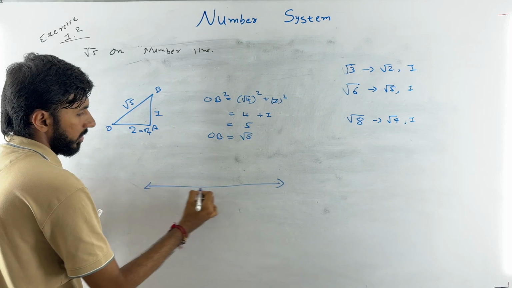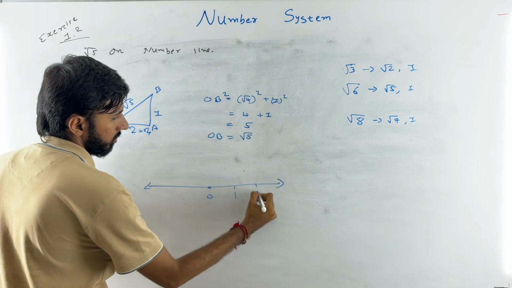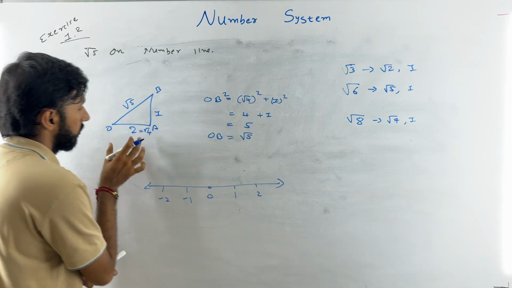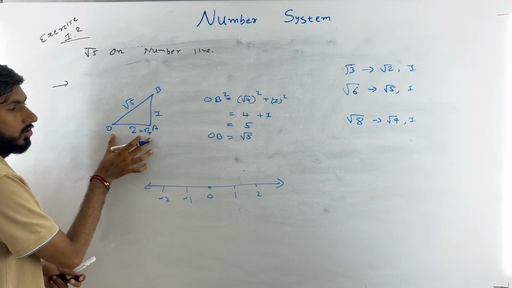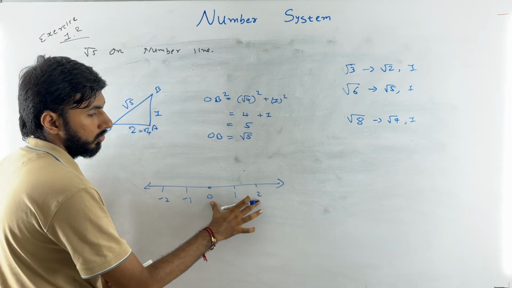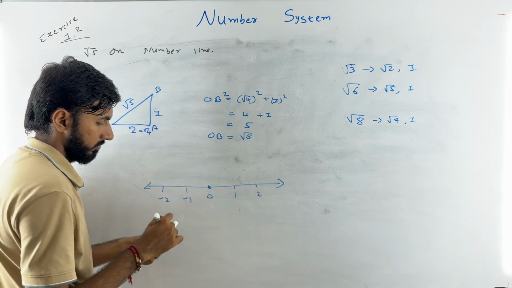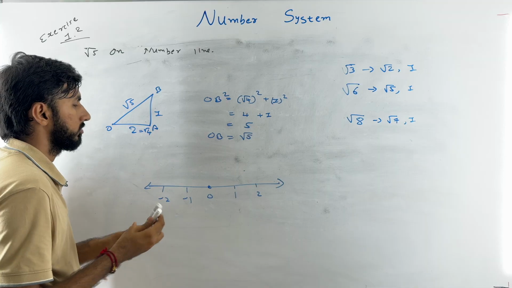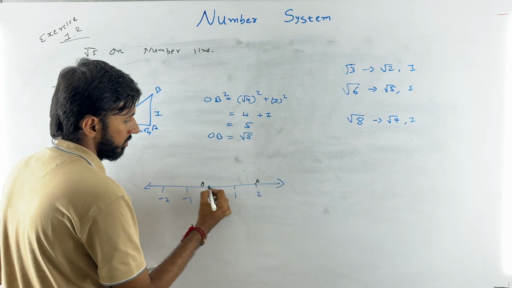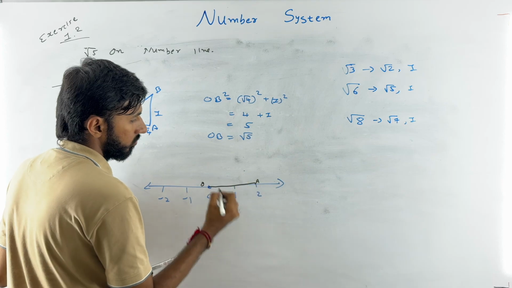Now to represent it on the number line, here is 0, 1, 2, minus 1, minus 2. Now this side becomes of length 2. So 0 to 2, I name this point O, name this point A, the length of this side becomes 2.